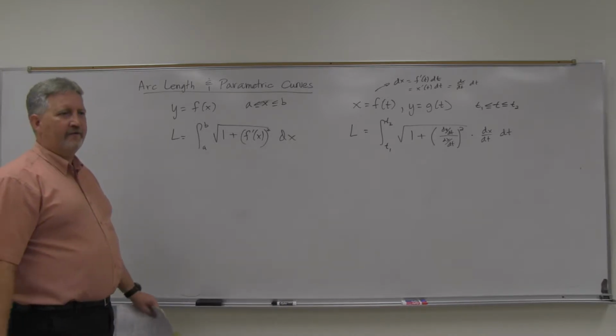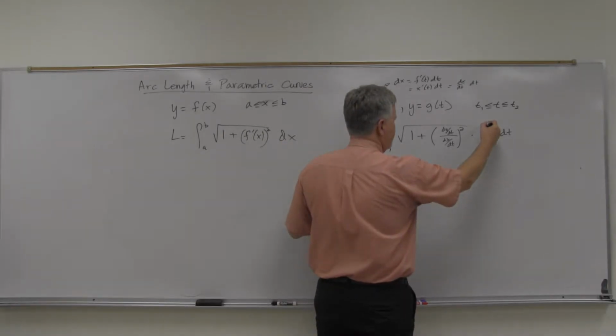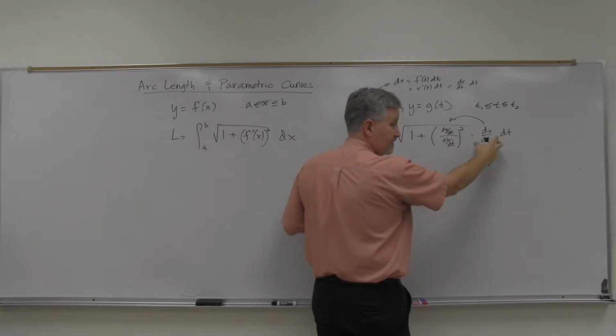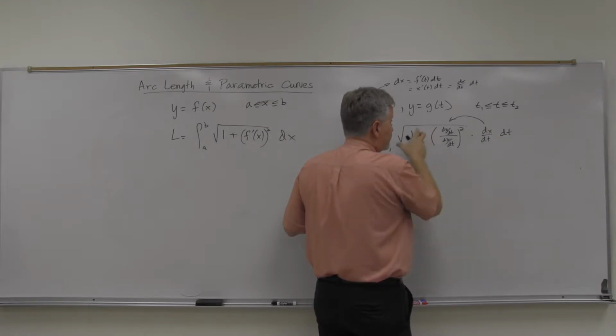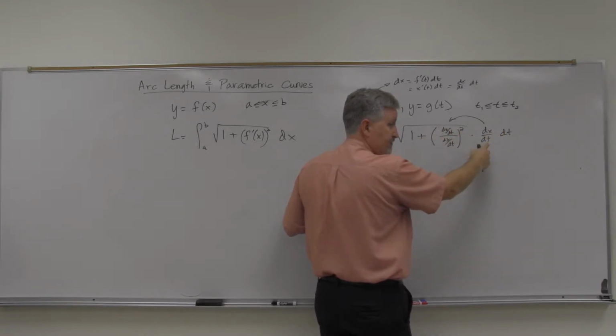I guess we could do it that way, but something really nice happens. I'm going to plug in this dx over dt and try to move it in here, but this is under a square root, so if I want to put that in there, it has to be under a square root.